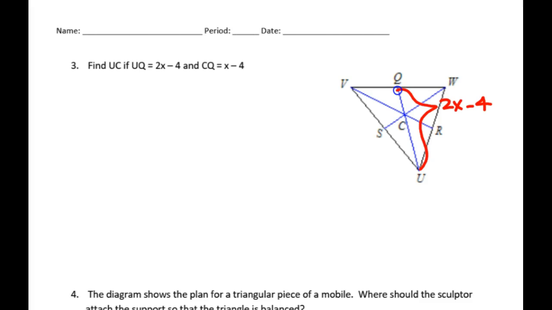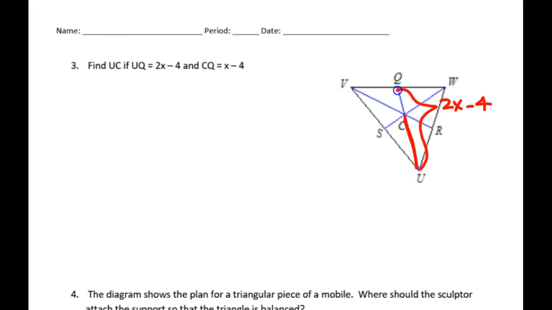Okay? So, UC, from here to here, is that the bigger chunk or the smaller chunk? What do y'all think? Okay, so UC is the bigger chunk. Is that 2/3 or 1/3? 2/3.